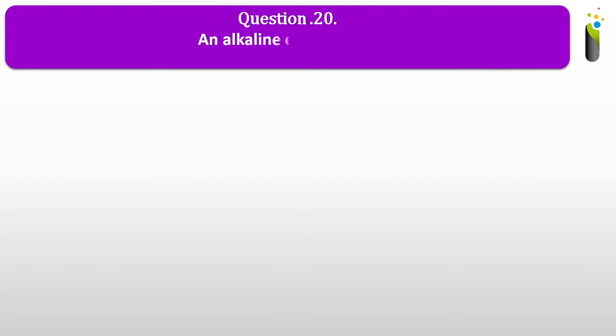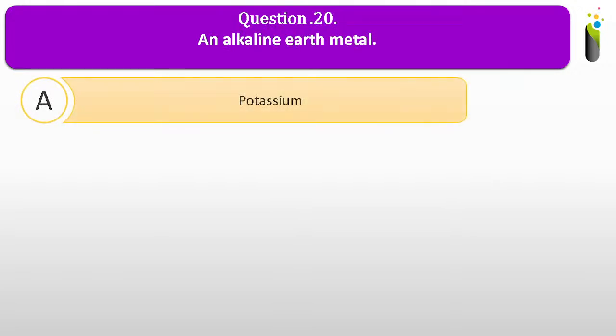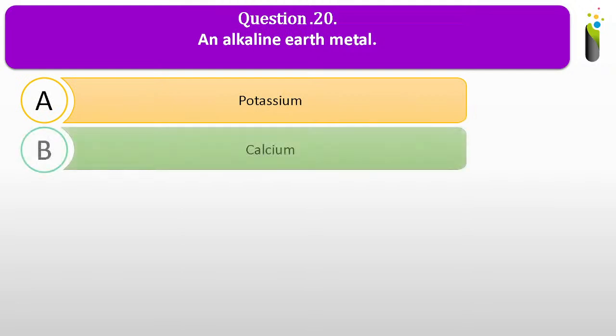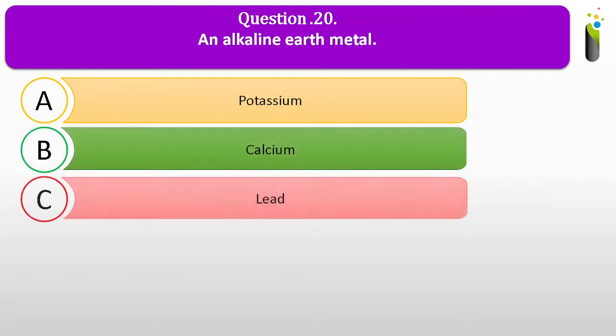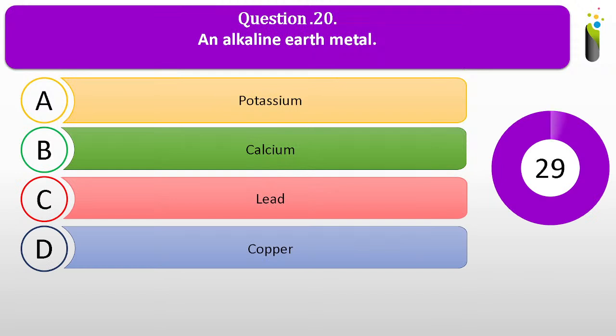Question number 20. An alkaline earth metal is dash. A. Is it potassium? B. Is it calcium? C. Is it lead? D. Is it copper?